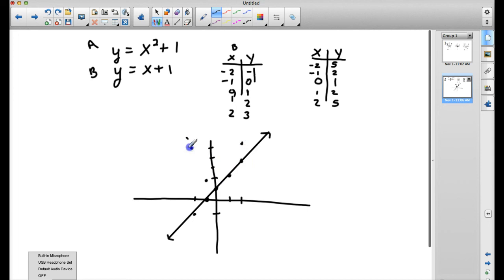Now I draw my graph of this one, and it might be a little bit off, but finding where they intersect would be a little easier using graph paper. You notice that these two graphs intersect here and here. This point was at (1, 2), and this point was at (0, 1). So this has two solutions, (0, 1) and (1, 2). So graphing is one way we can solve these.